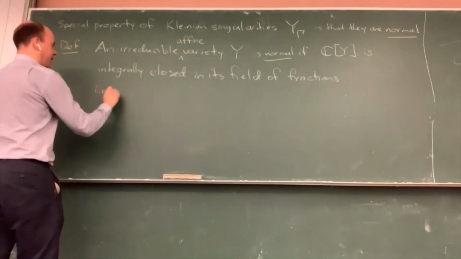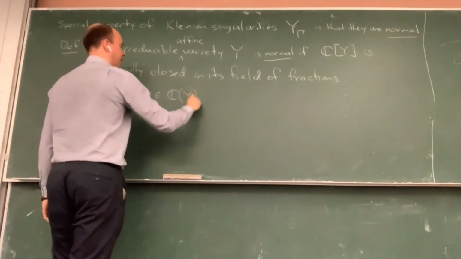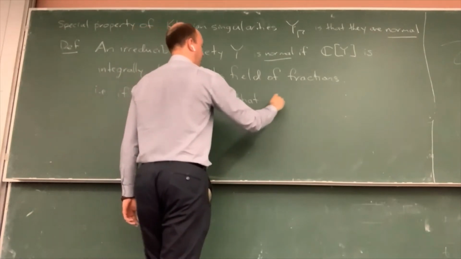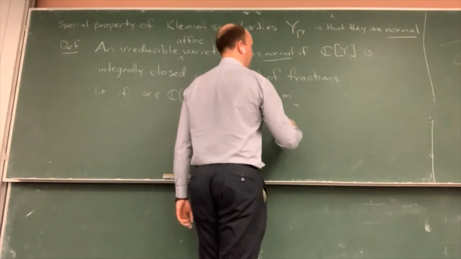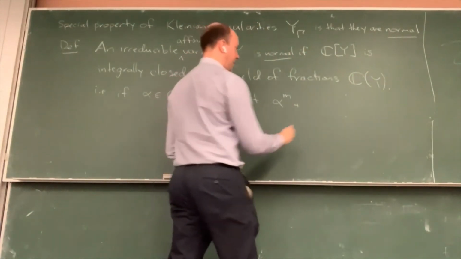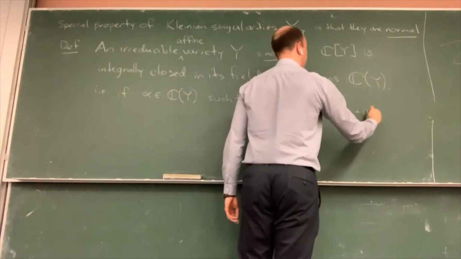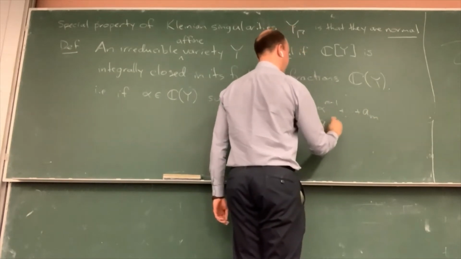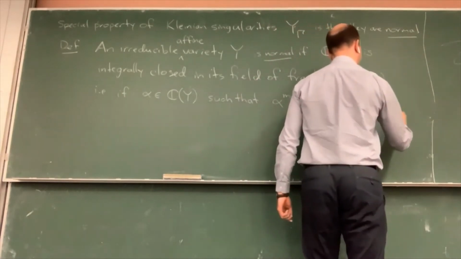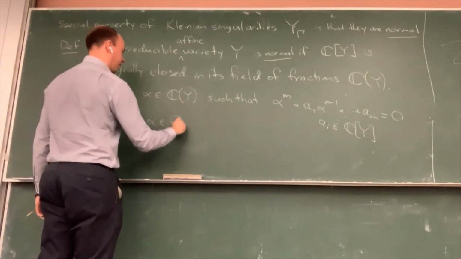Integrally closed means that if you have some alpha in the field of fractions which satisfies a monic polynomial, alpha^m + a1 alpha^(m-1) + ... + am = 0, where these ai are in the coordinate algebra, then alpha has to be in the coordinate algebra itself.